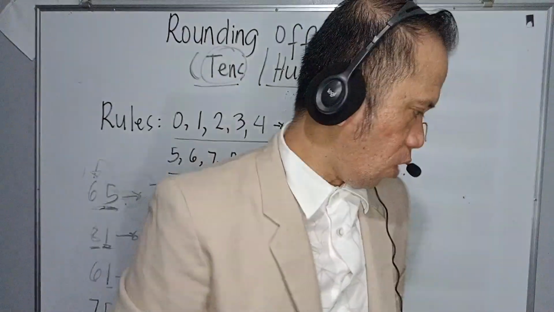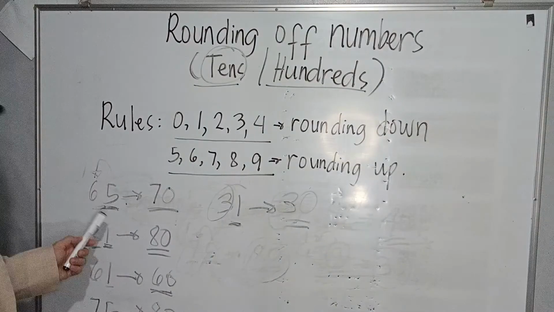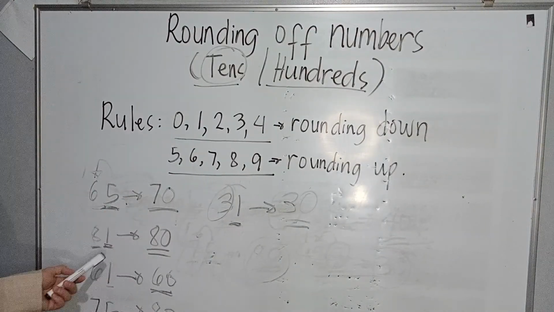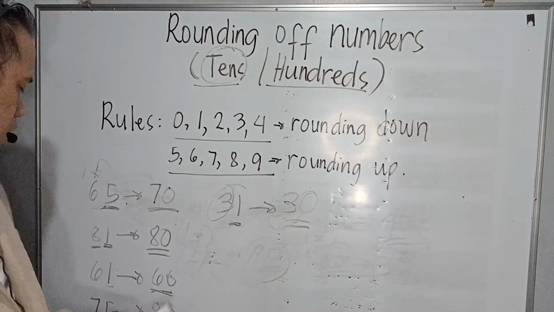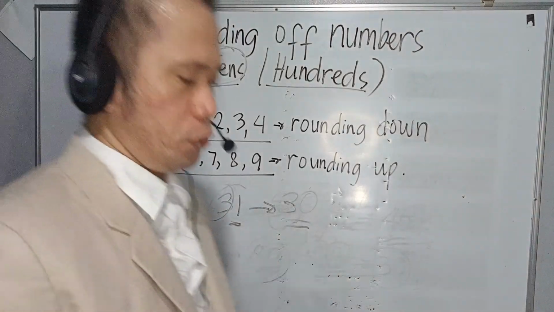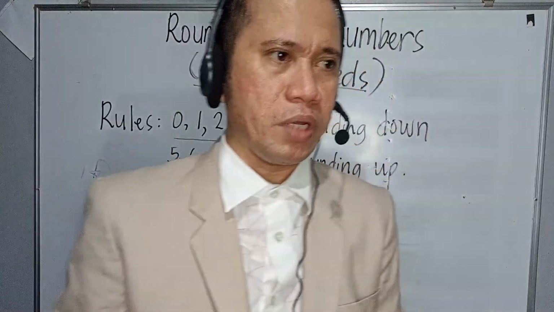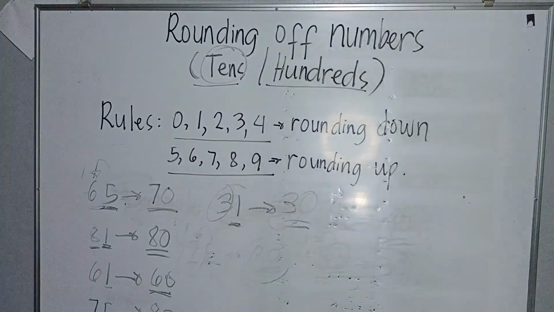So our answers are: 65 rounds to 70, 81 rounds to 80, 61 rounds to 60, 75 rounds to 80, and 31 rounds to 30. I will give you time to copy, class, on how to round off to the nearest tens place value.